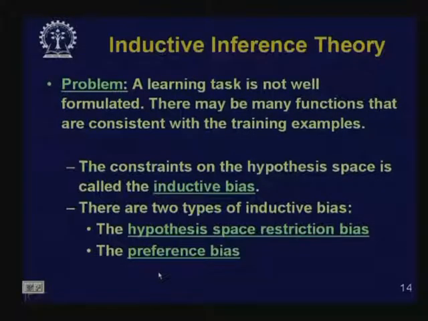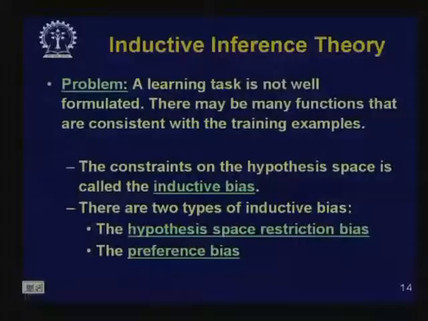So, a learning task is not always well formulated. There could be many functions which are consistent with all the training examples, and the algorithm must have an inductive bias on the basis of which the algorithm will decide one of the hypotheses. There are several types of bias that could be used.